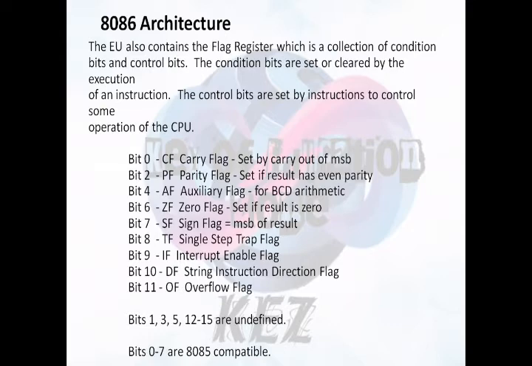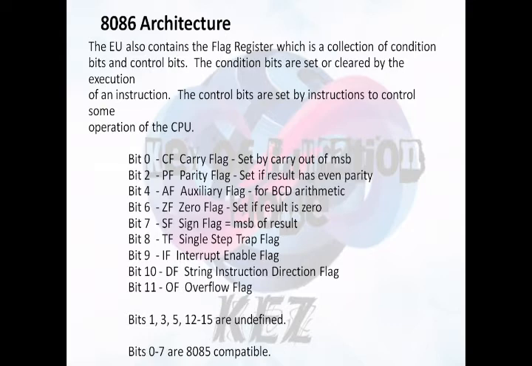Suppose in case of the CPU, bit 0 is the CF flag, set to carry out of the MSB. Bit 2 is PF, the parity flag, set if the result has even parity.